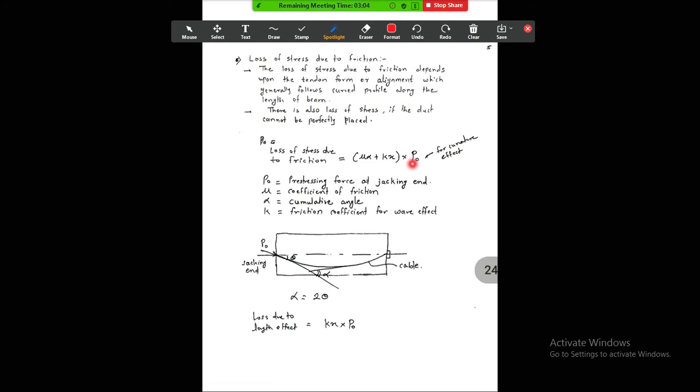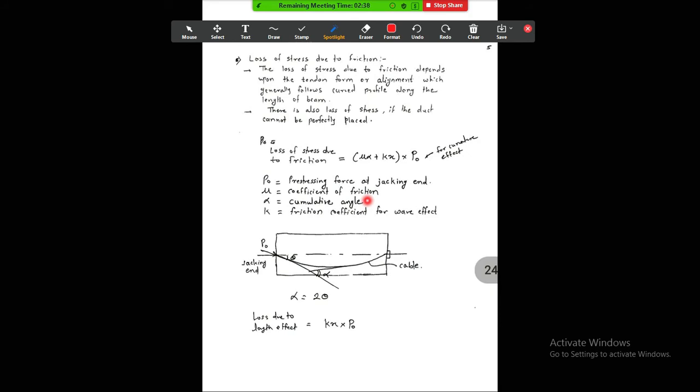This is the loss due to friction, where mu is the coefficient of friction, alpha is the cumulative angle, and k is the friction coefficient for wave effect. I hope now you have written down all the formulas.